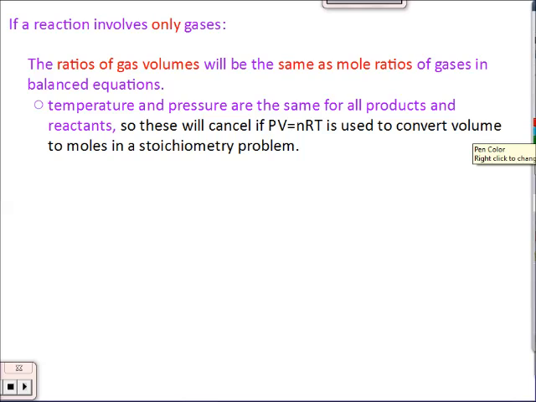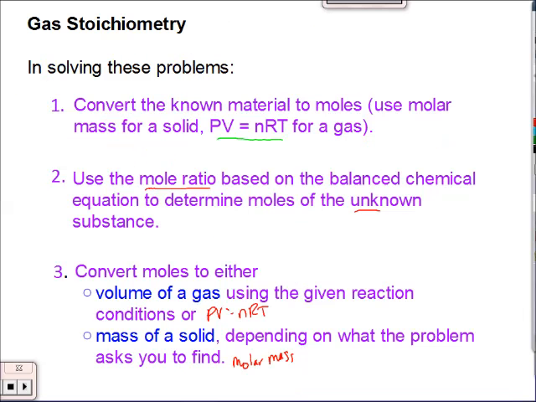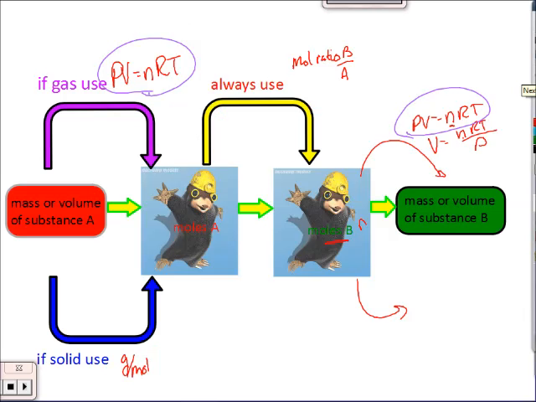Now I could show you mathematically how this works. We could do a problem, work it out using PV equals nRT and not using it. But the reason behind it is, remember, over here, I'm using PV equals nRT, so I'm calculating my n. And then over here, I have to go back to using PV equals nRT to calculate my volume.